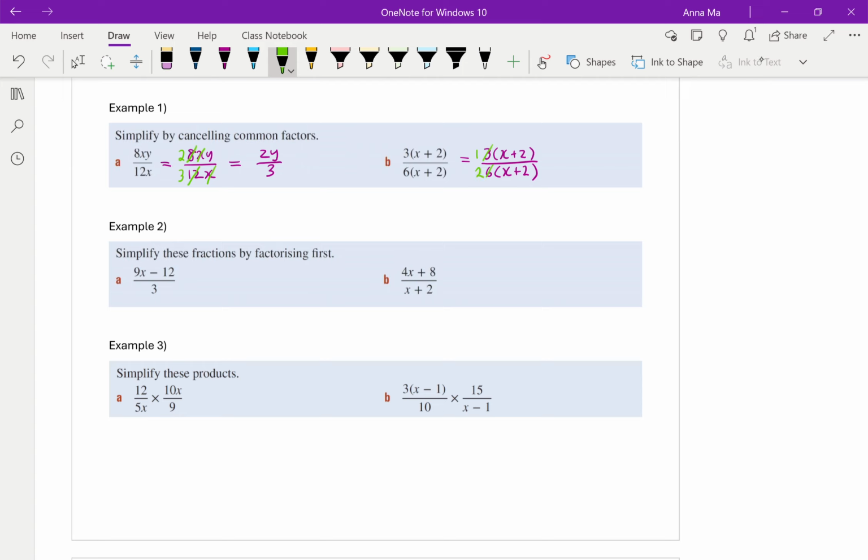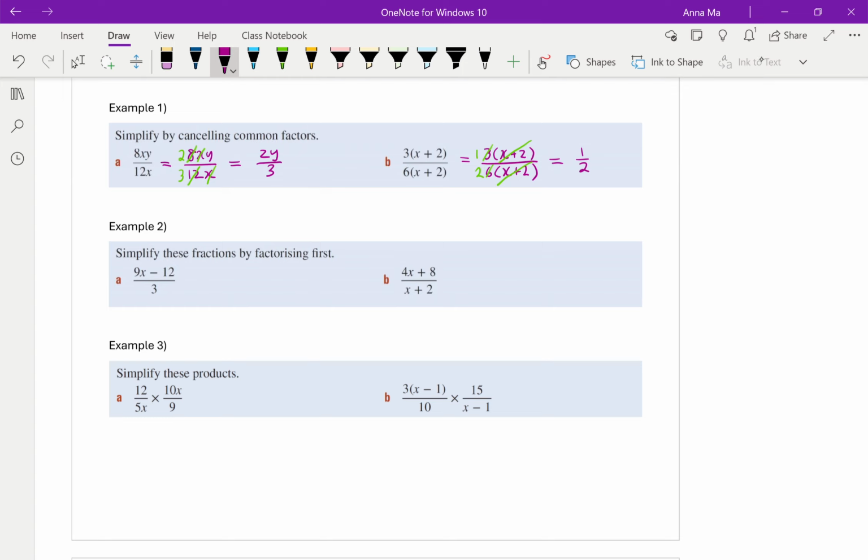And if you see the bracket, if the expressions inside the bracket are exactly the same, I can just cancel out the whole bracket as they are. And that's possible because there is an invisible multiplication sign between the first number and the brackets, and that means all I have left over for that fraction will be 1 over 2.